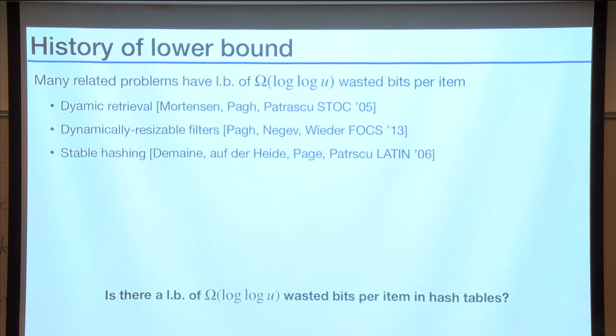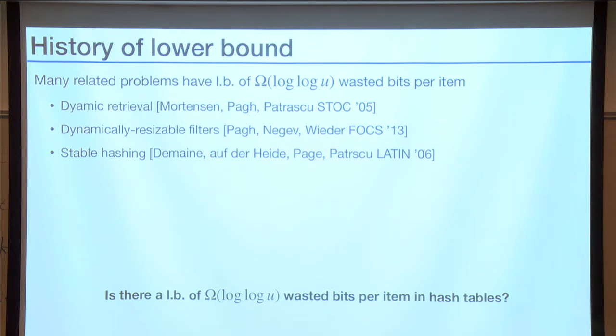And the question is, is this actually the optimal value of r, log u? There are a lot of reasons to think that it might well be, because for many related problems, we do have established lower bounds of omega of log log u wasted bits per item. For example, for the dynamic retrieval problem, which is a similar problem, but instead of storing only keys, you're storing key-value pairs, and you only receive positive queries, never negative queries, we have a lower bound of big omega of log log u.